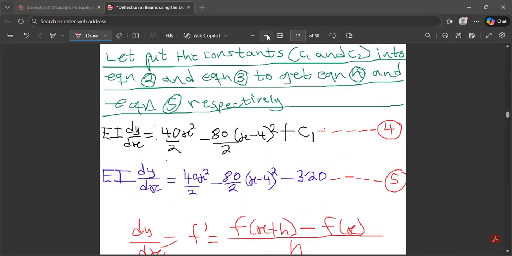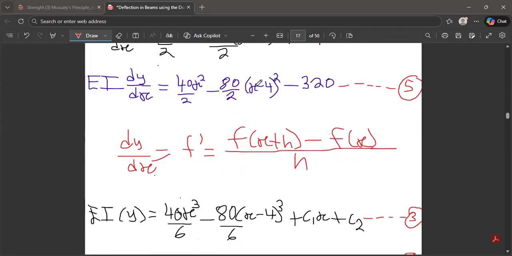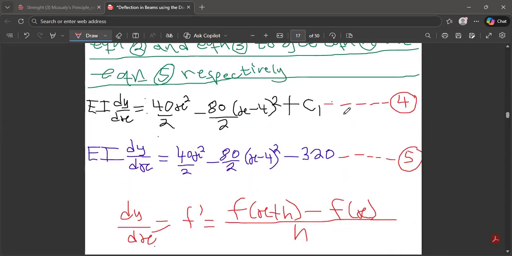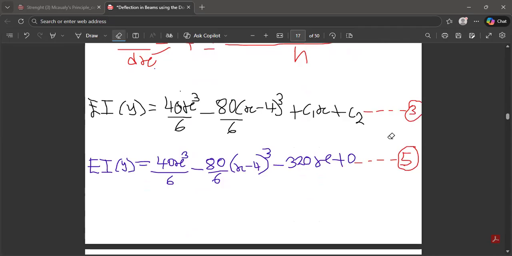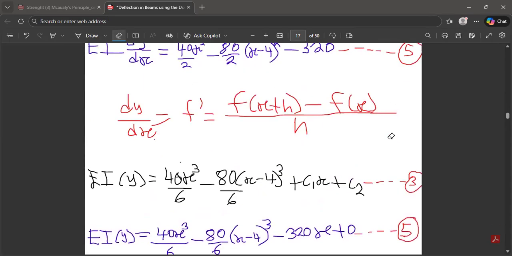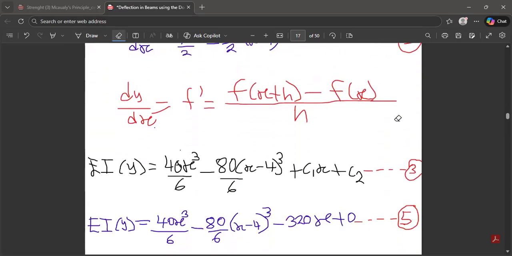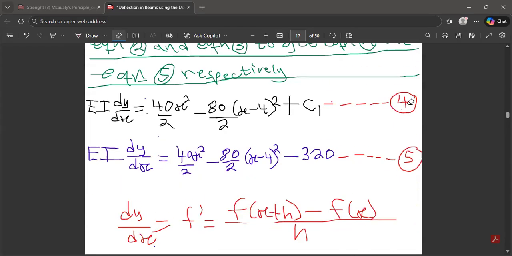All right. So at the end of the day, we are saying that our equation 4 is equal to what? I think I made a mistake somewhere here.